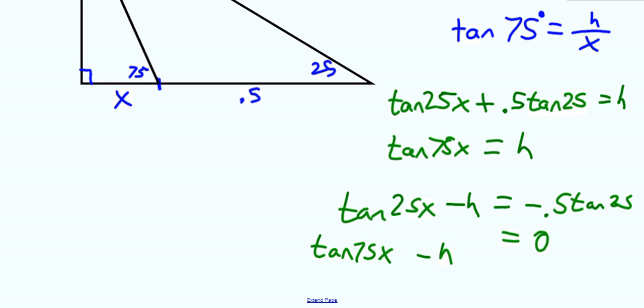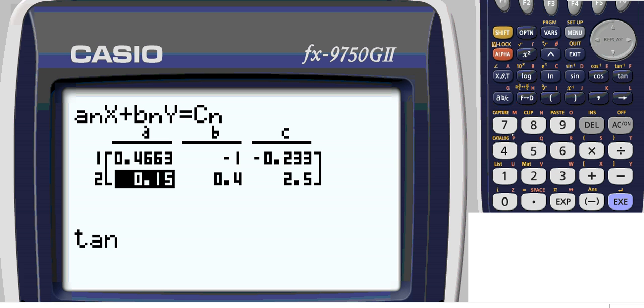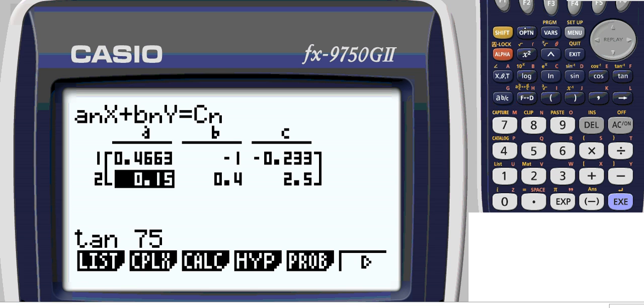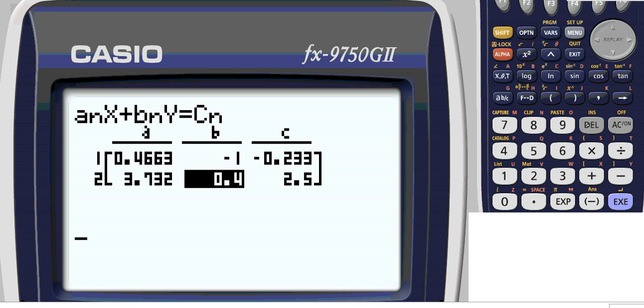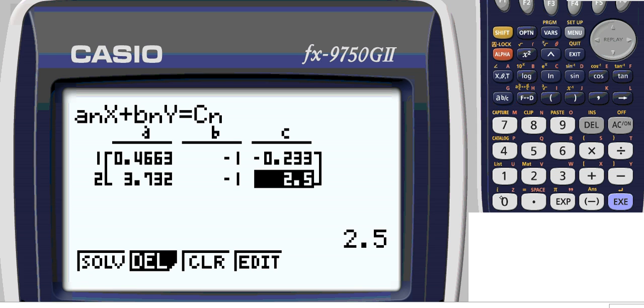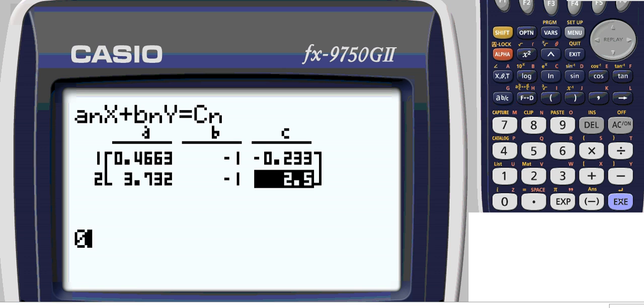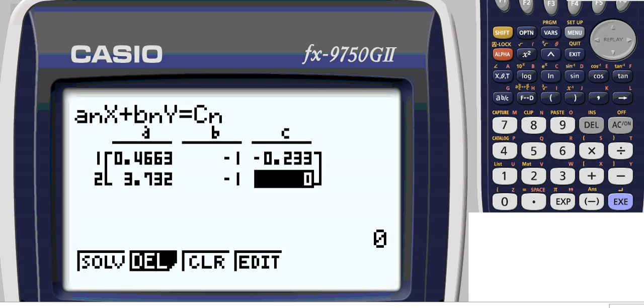And then type in our bottom equation, tan 75 minus 1, equals 0. And then solve it.